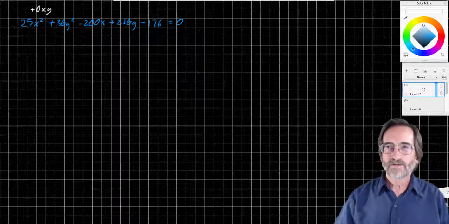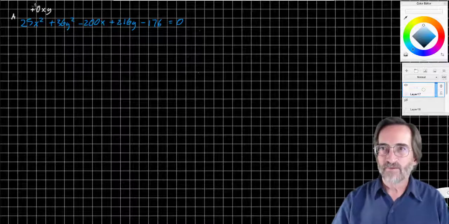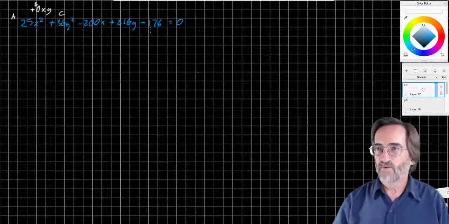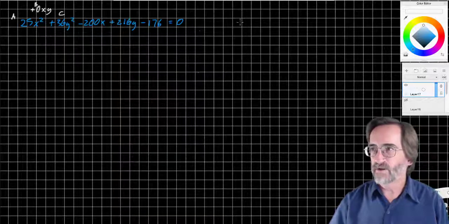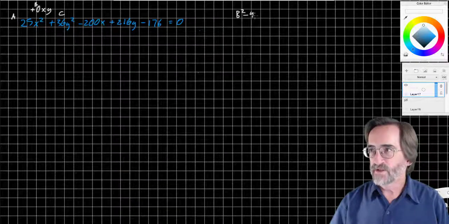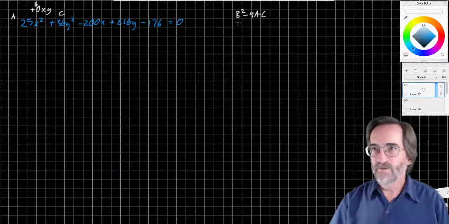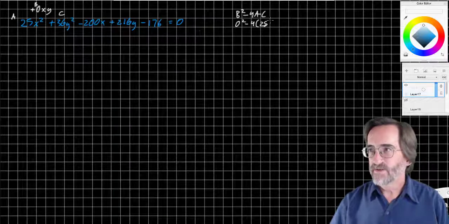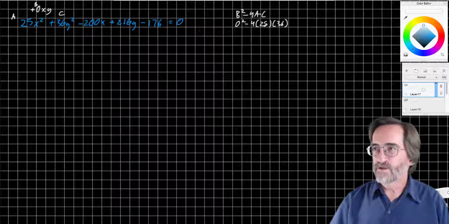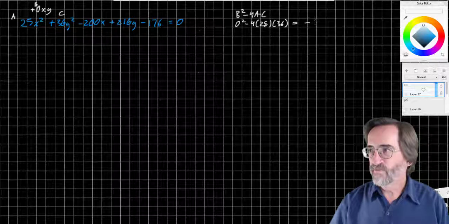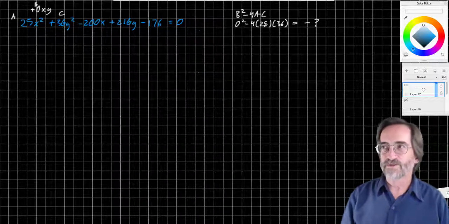Okay, so this is my A, this is my B, and this is my C. And if I want to determine what kind of conic it is, I do b squared minus 4ac. In this case, that is 0 squared minus 4 times 25 times 36, which is a very large negative number. We're really not concerned with what the number is.